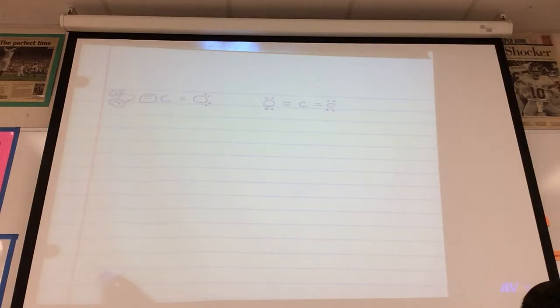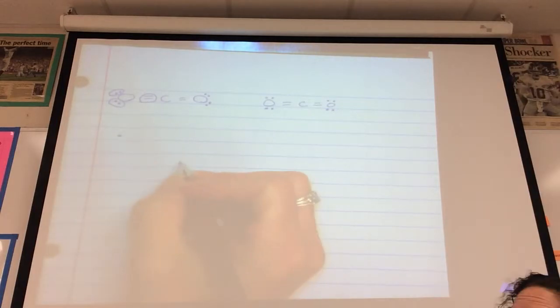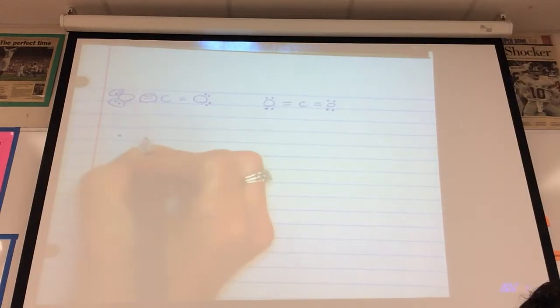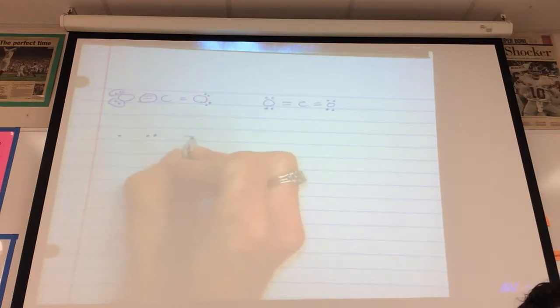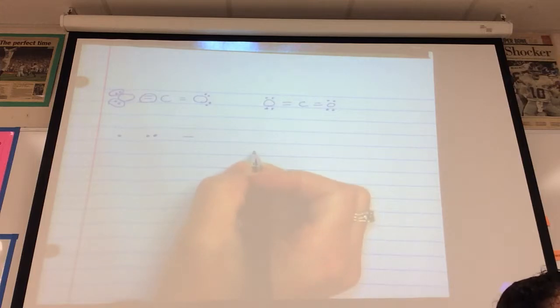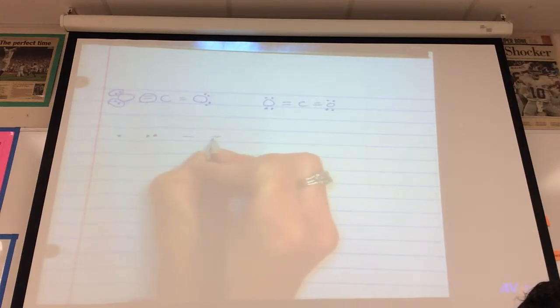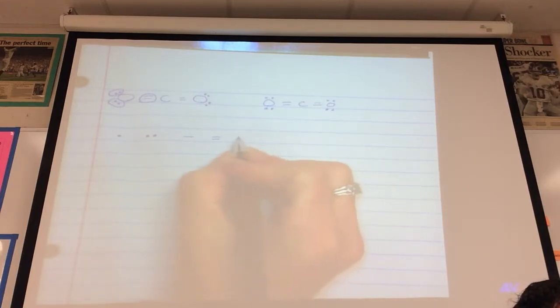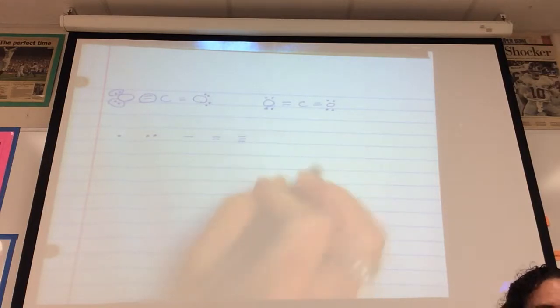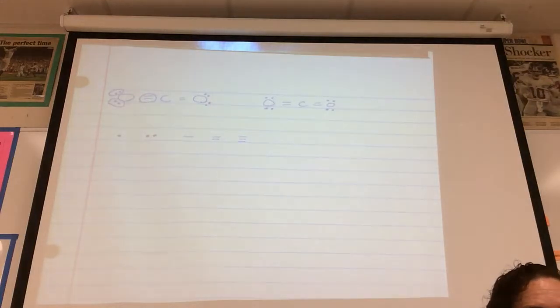We want to talk a little bit about electron groups. A single lone electron is an electron group. A lone pair of electrons is one electron group. A single bond is one electron group. A double bond is one electron group. A triple bond is one electron group.